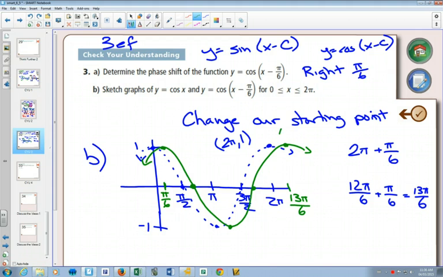And this point right here would be 13 pi over 6 comma 1. And you wouldn't have to label that. As long as you have shown this initial one labeled as pi over 6 as I did, and you've shown that you've moved it to the right, then everything else follows because of our original labels that we did with the blue graph.